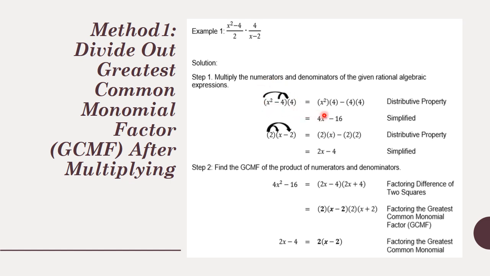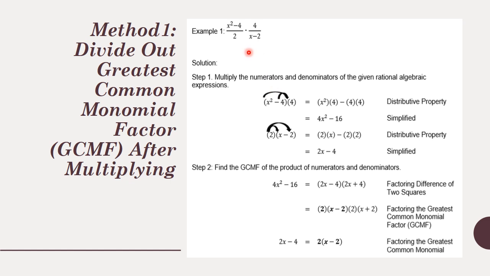So we have x squared times 4 and negative 4 times 4. Simplifying this, we have 4x squared, and then negative 4 times 4 would be negative 16. Same procedure for the denominator.